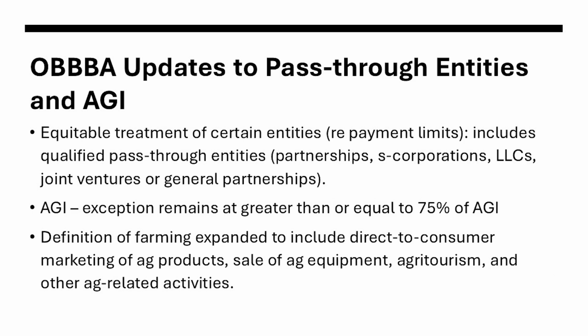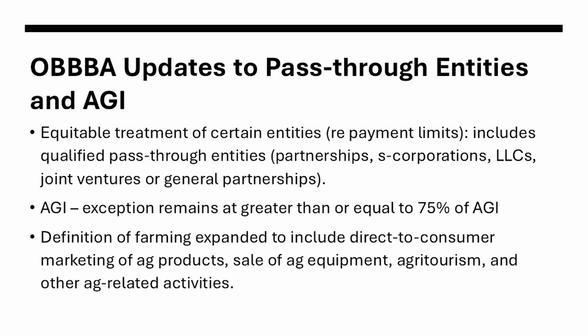The one big thing that pretty much everyone is saying is a great change as a result of the OBBBA is the ability to consider pass-through entities as eligible. So it's going to reduce the number of tax returns that agricultural operations will have to file. So it's going to make things better from a paperwork standpoint and certainly more efficient for that.